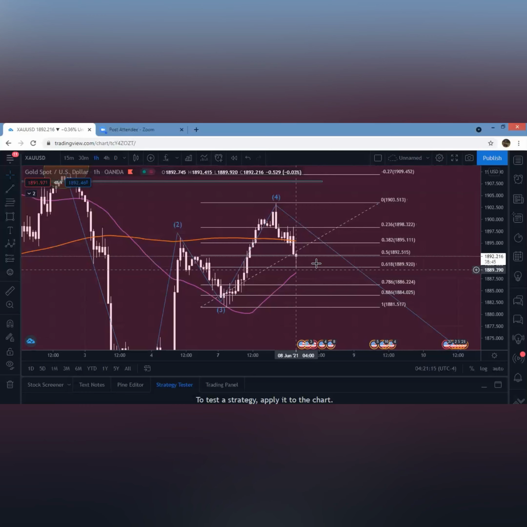I didn't enter into this. I am currently in Bitcoin and EU right now, and those are the only two trades I am in right now.